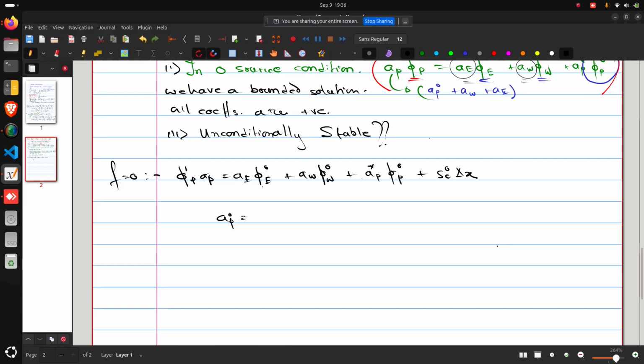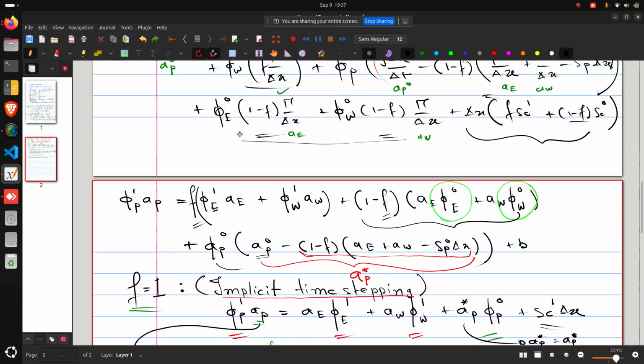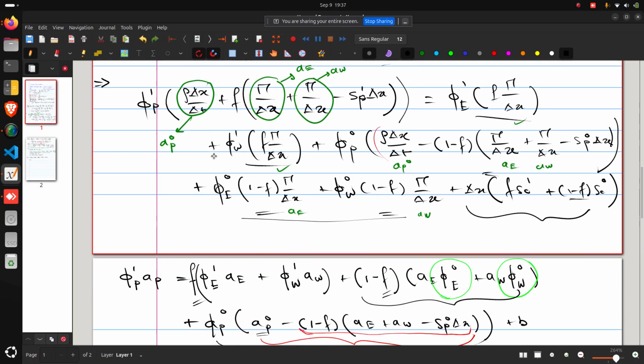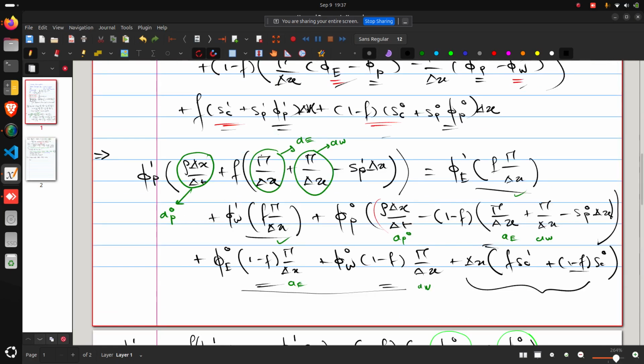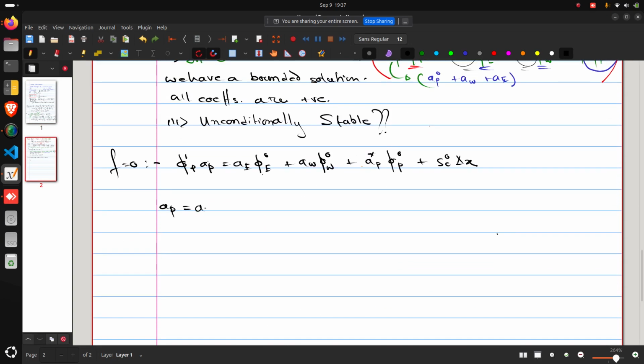Now what does AP have? AP will have rho delta x by delta t. Because f is 0, this whole term goes to 0. So AP is nothing but AP naught.